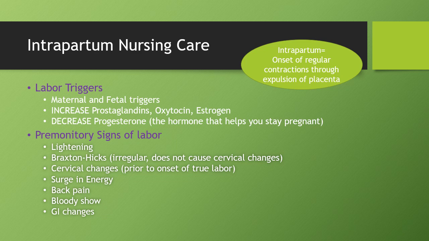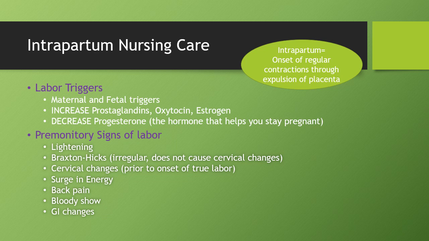And the fetal adrenal glands produce cortisol, which decreases progesterone and therefore allows an increase in estrogen to stimulate the uterine responsiveness to prostaglandins and oxytocin. So altogether, we have a decrease in progesterone and an increase in estrogen, which makes the uterus more irritable, and then we have prostaglandins and oxytocin that stimulate contractions and labor.